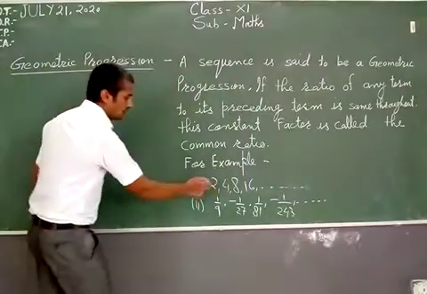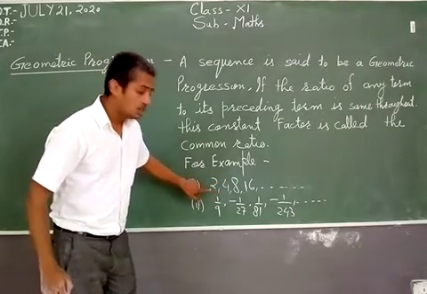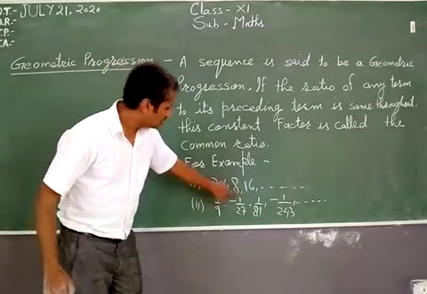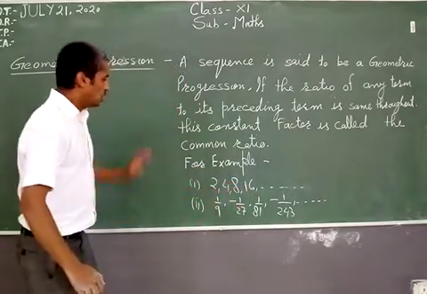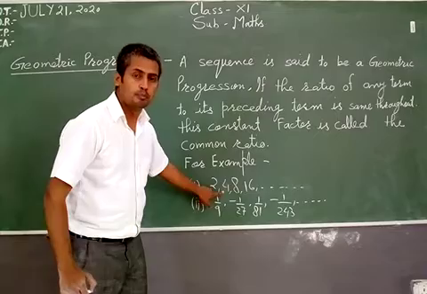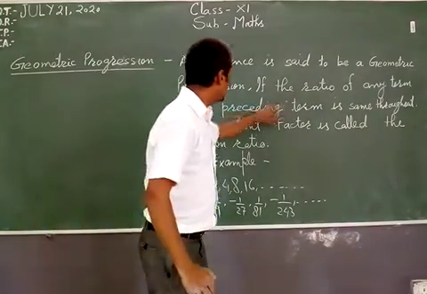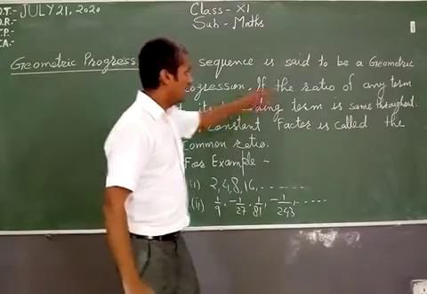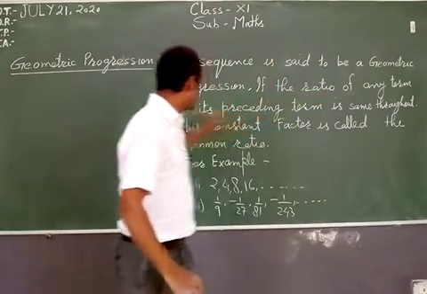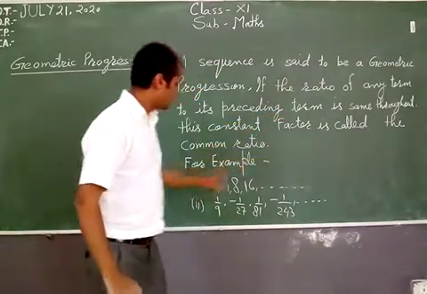In the first sequence, the first element is 2, then the second, third and fourth. We have to divide each term by its preceding term. According to the definition, the ratio of any term to its preceding term is the same.